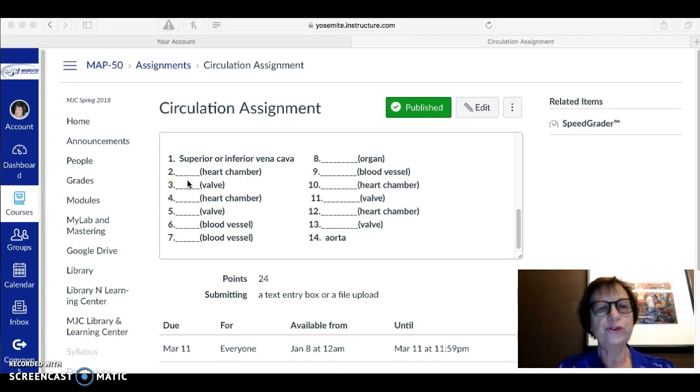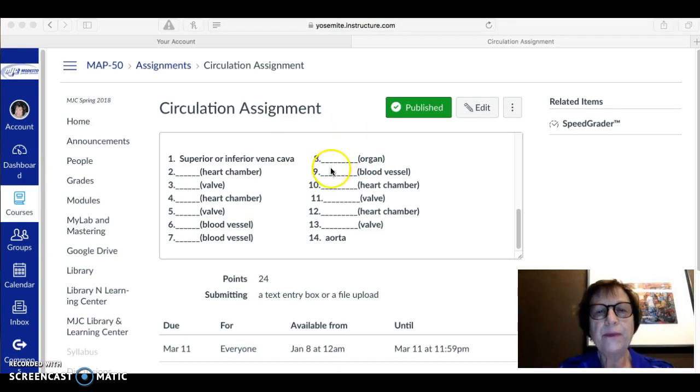The blood then goes through a valve to another heart chamber, through another valve into a large blood vessel that will split into a smaller one here. And those go to a specific organ.